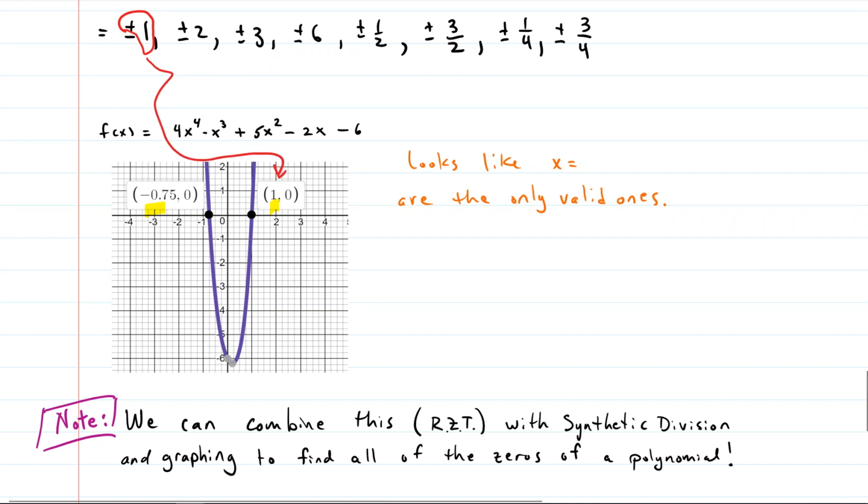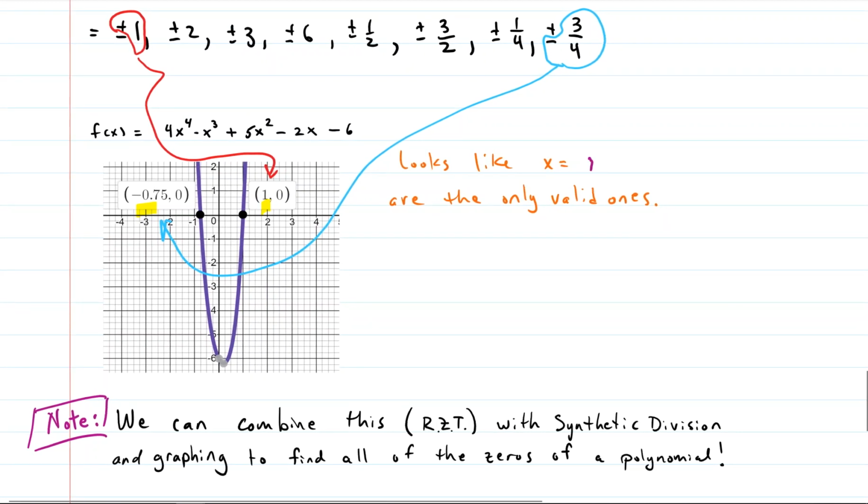There's positive 1 and negative 3/4, negative 0.75. Where's that one? Negative 3/4. There you go. Negative 3/4. So it looks like the only two valid options are x equals 1 and x equals negative 3/4.